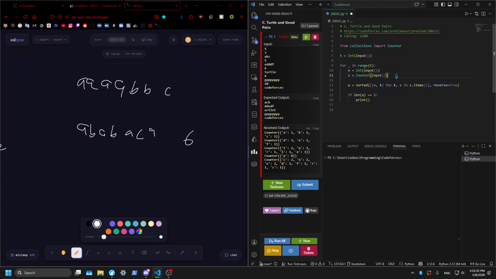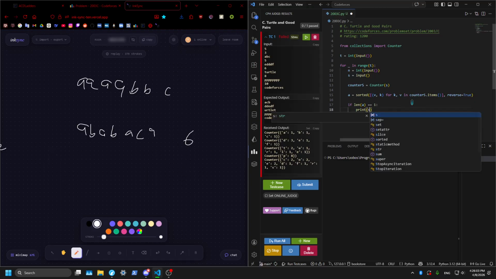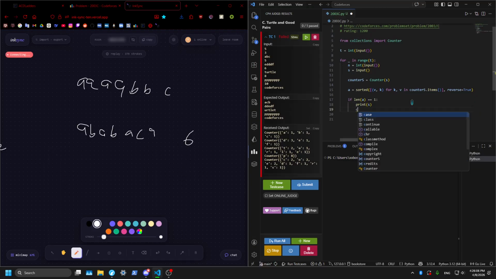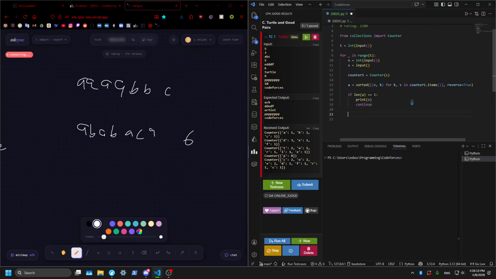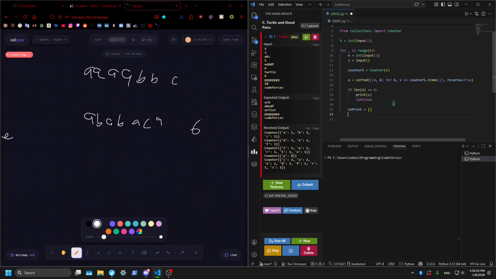I probably should make a counter S variable. Just print S and continue. And then we can track a to print array.